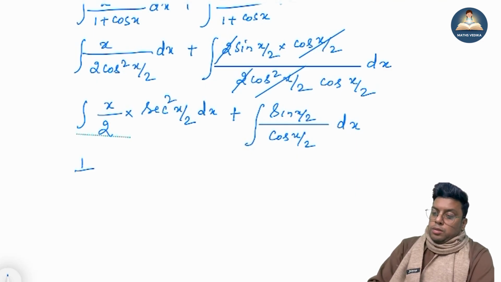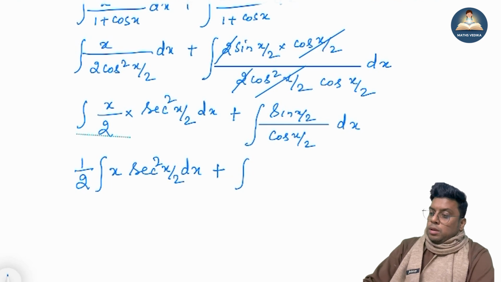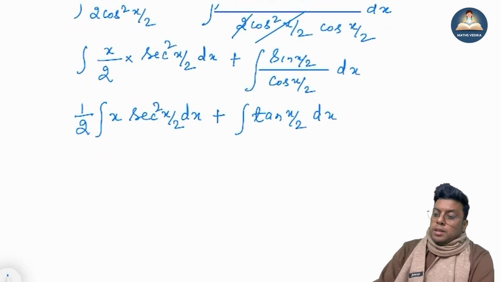Now 1 by 2 is a constant, so we'll keep this constant before the integration sign, and we'll be left with x sec² (x/2) dx plus sin (x/2) by cos (x/2), which can be written as tan (x/2) dx.